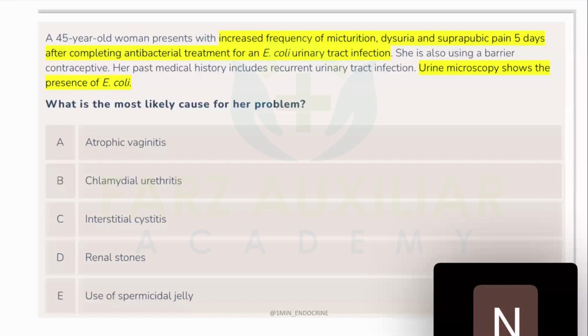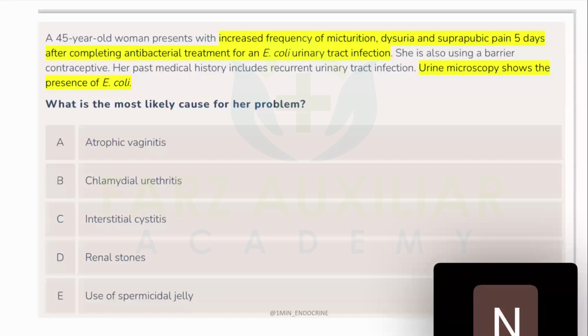Chlamydial urethritis is uncommon. They have not mentioned anything pointing towards chlamydia, so that is not the answer. Interstitial cystitis, yes, it can be interstitial cystitis. Option E is not the answer, doctor. Option E, I don't know why they have given it. I have no idea what it causes. Interstitial cystitis and renal stones are the two remaining.